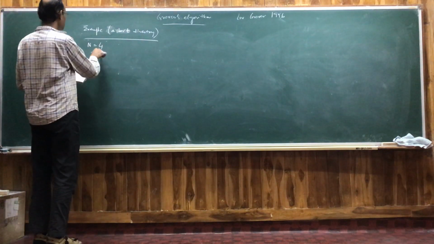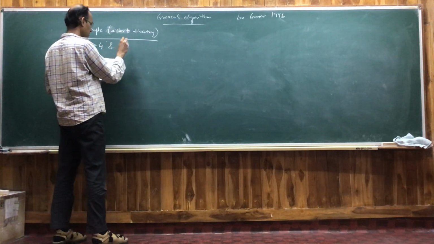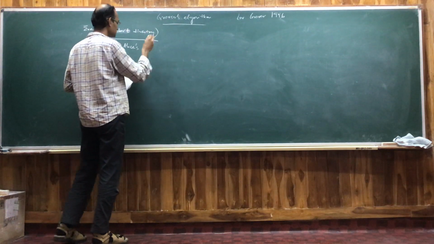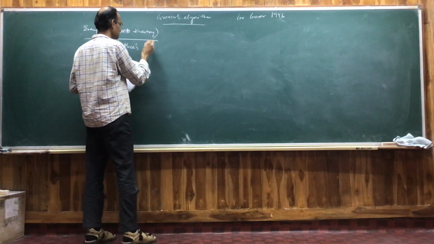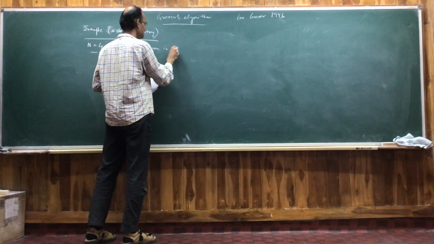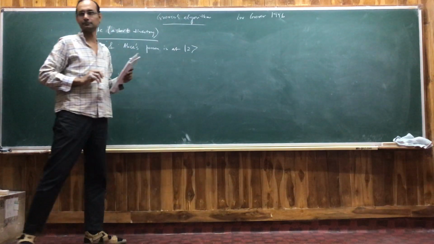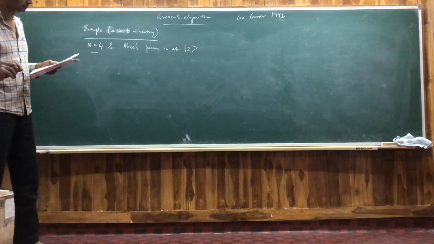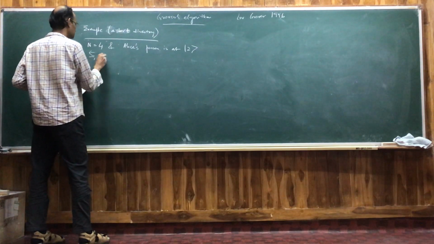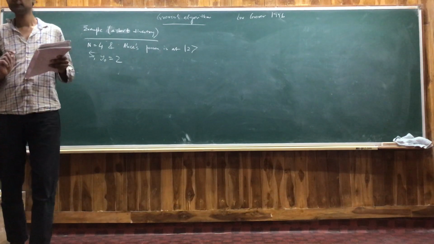This n is 4, and Alice's beloved, Alice's person is at 2. So this y naught that we were talking about is 2.